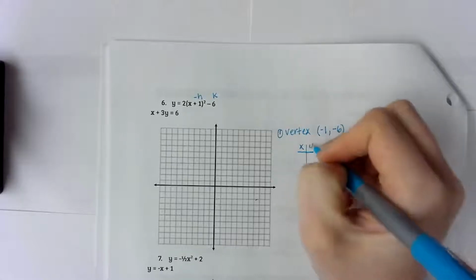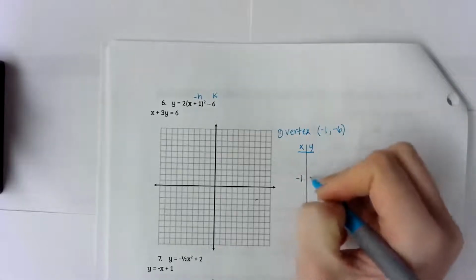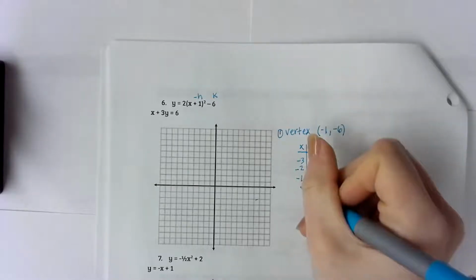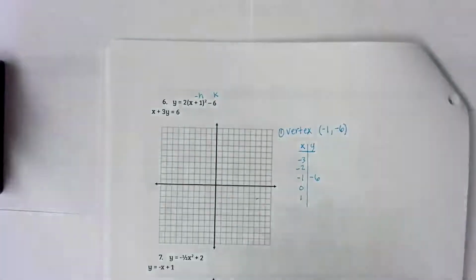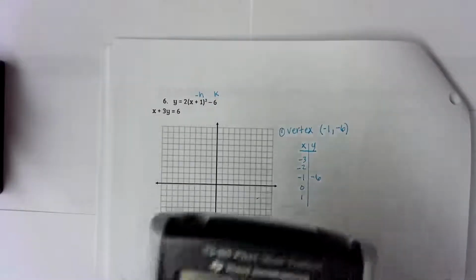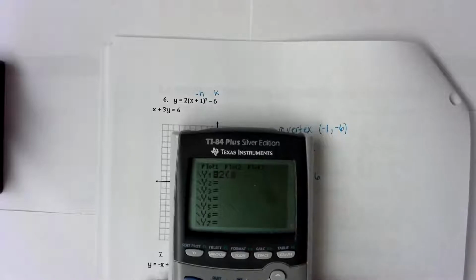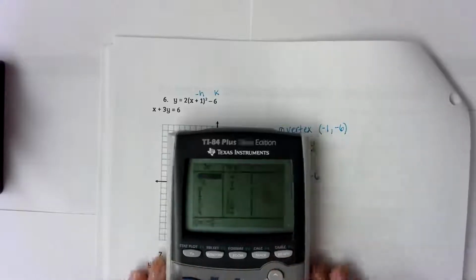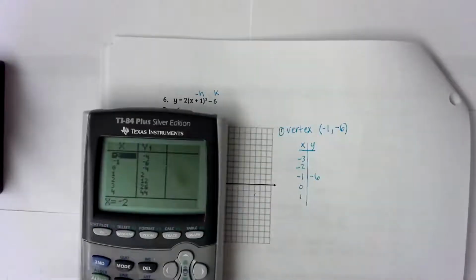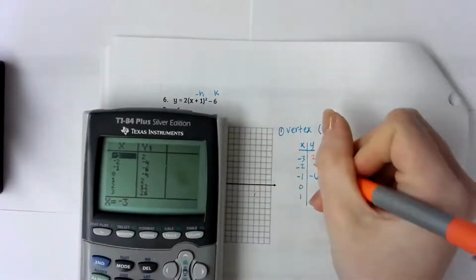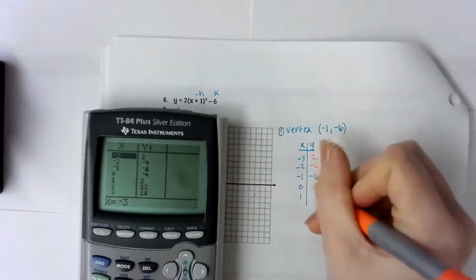So let's get some other points in there. So negative 2, negative 3, 0, 1. So if I plug this one in, 2 parentheses x plus 1 squared minus 6, get that table. So negative 3 is 2, negative 2 is negative 4, and then they're going to mirror.